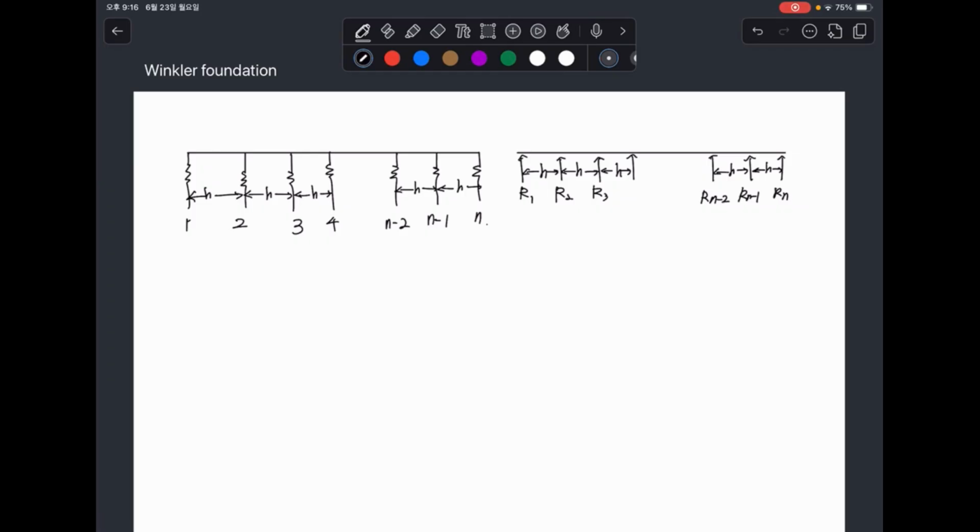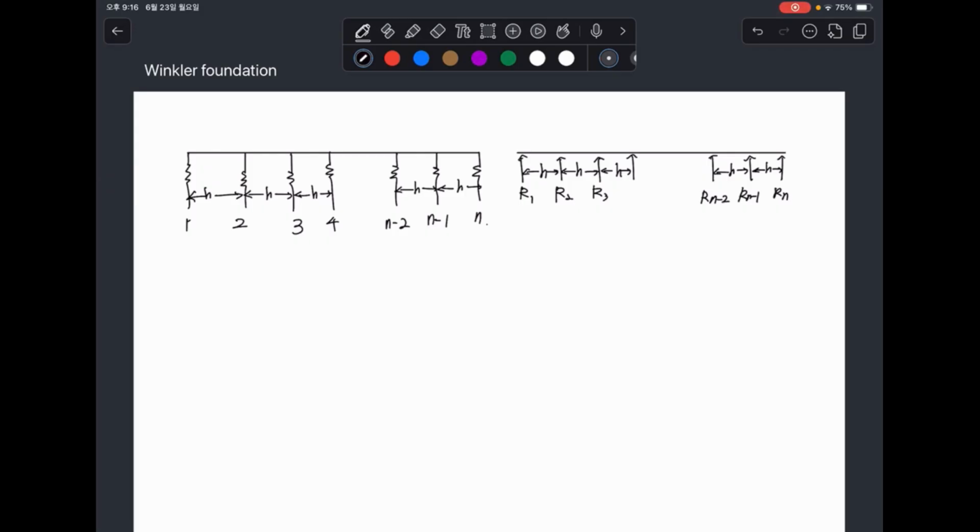Malter proposed using the finite difference method to numerically solve the differential equation of the beam. The beam is divided into multiple equal segments, and the deflection at each point, yi, becomes a variable in a system of equations.